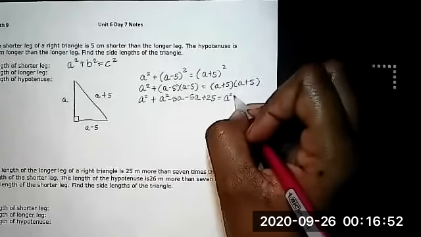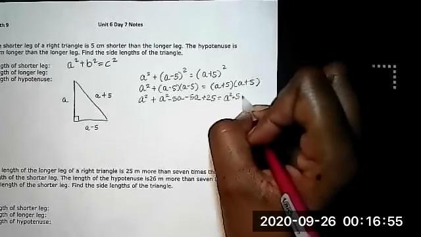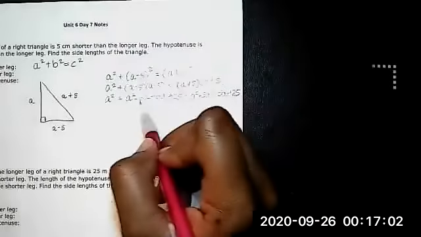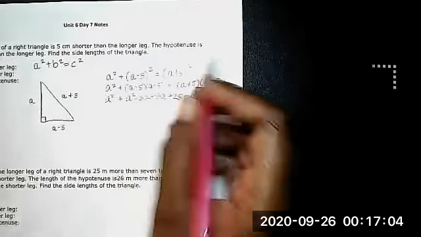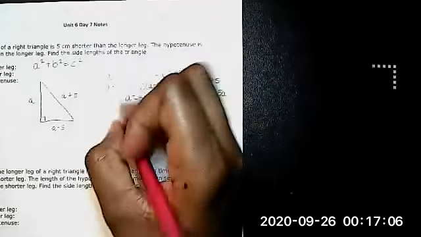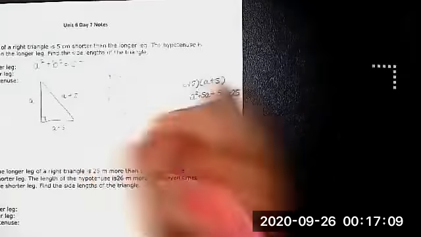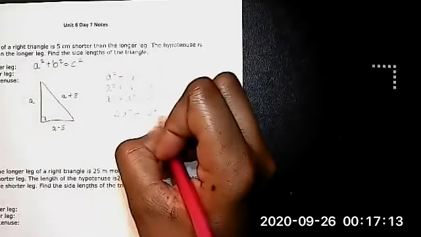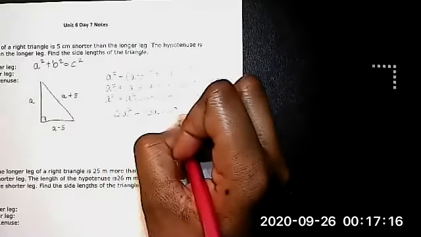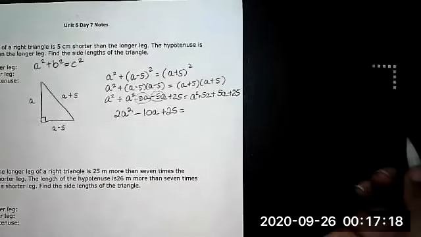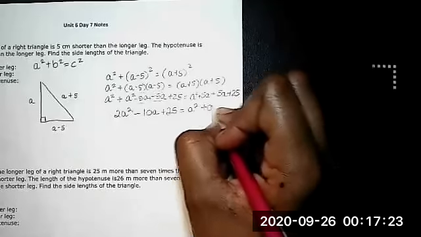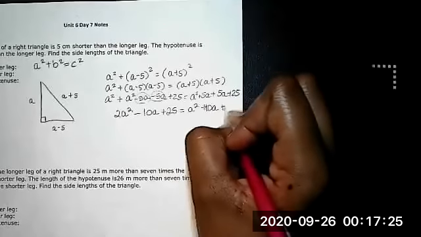We've done enough of those. These are notes, so I don't want to go too fast, but we're going to combine like terms. We can combine these two, so this will be 2A squared minus 10A plus 25 equals A squared plus 10A plus 25.